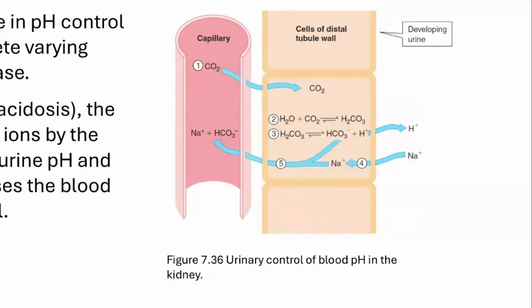This process helps the body to stay in a healthy pH range, which is important for things like, for example, enzymes or other biomolecules in the body to function correctly and for cells to have normal activity.